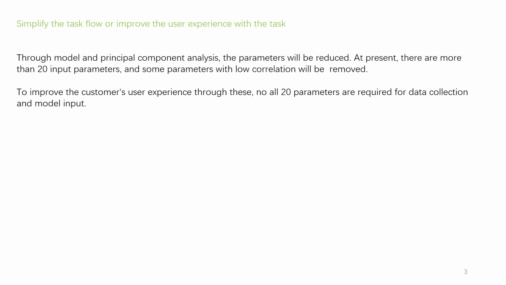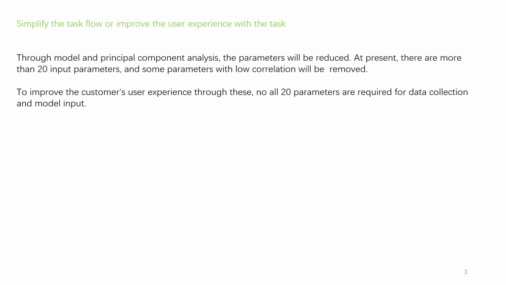Simplify the task flow and improve the user experience with this task. So there's the model and the principal components analysis. The parameters will be reduced. At present, there are more than 20 input parameters. Some parameters with no correlations will be removed.